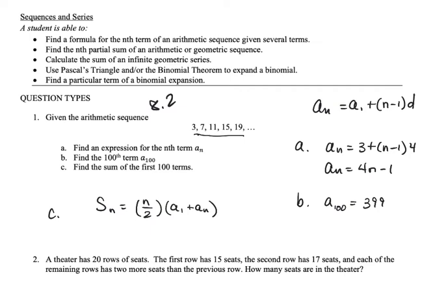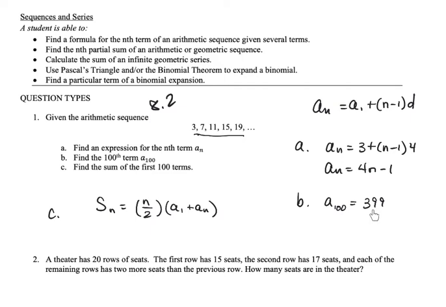So it's not a matter of remembering the formula, it's a matter of knowing what all the pieces mean. n, in this case, represents how many terms you're adding. We're adding the first 100 terms, so n is 100. The first term is 3. a sub n means the last term of the portion that you're adding. So what is the 100th term?